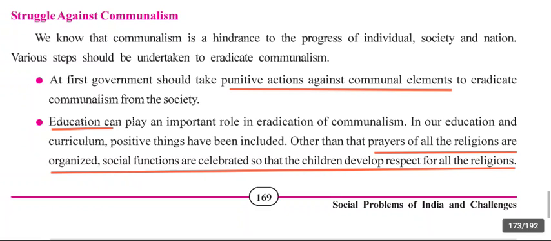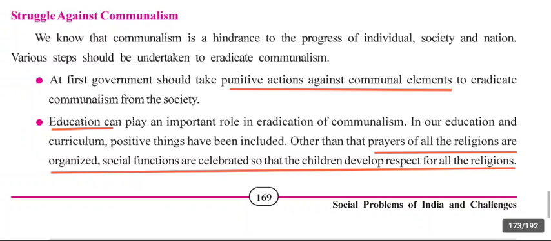Education is also another important aspect where we can teach students to be tolerant towards all the communities, all the sects, all the religions, all the castes. As we can see, when we are educating our children, the prayers of all the religions, the stories based from all the religions are taught. This kind of creates a harmonious environment between the children.